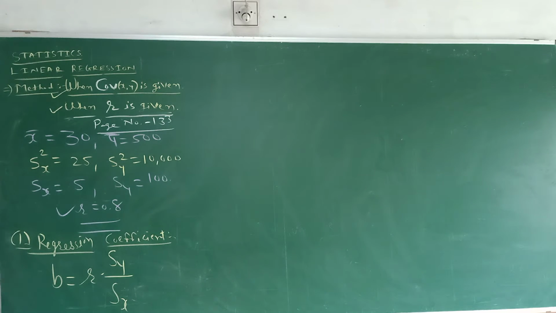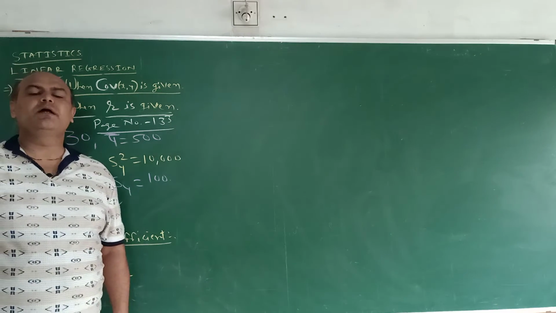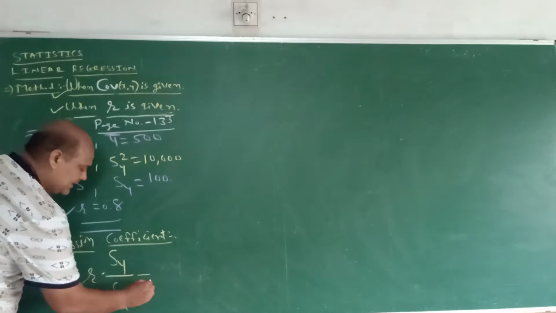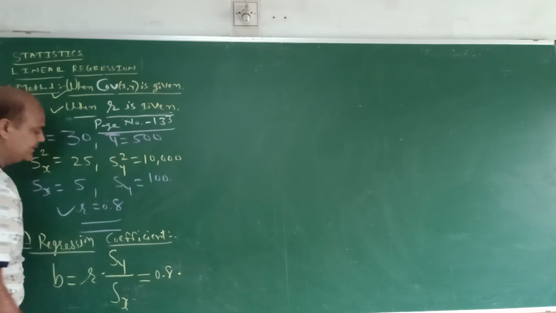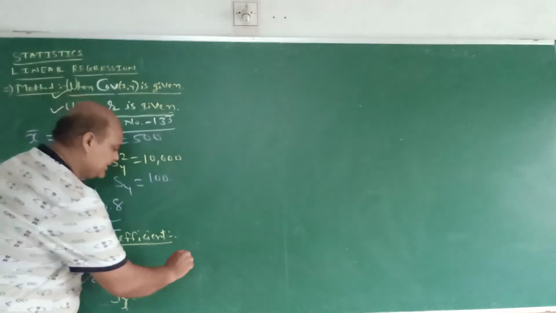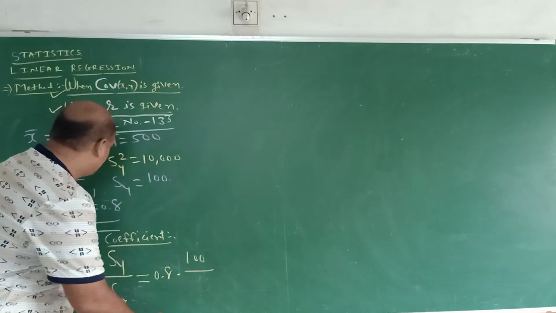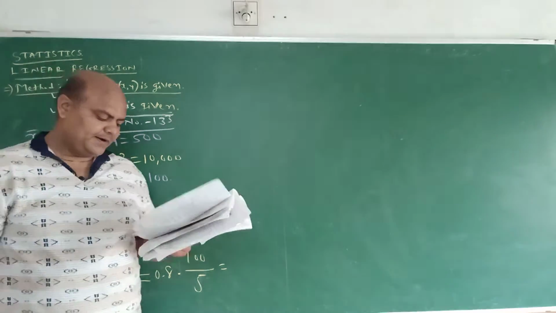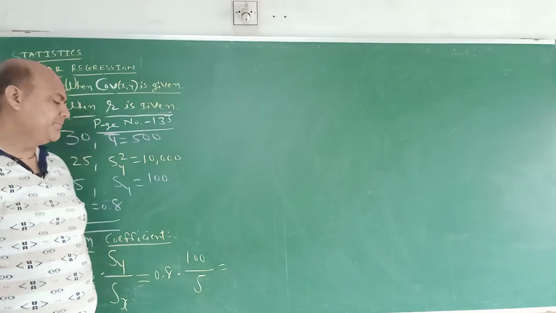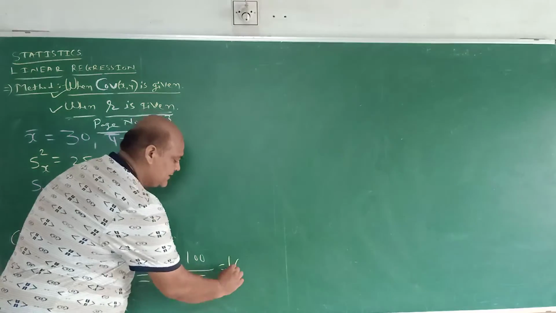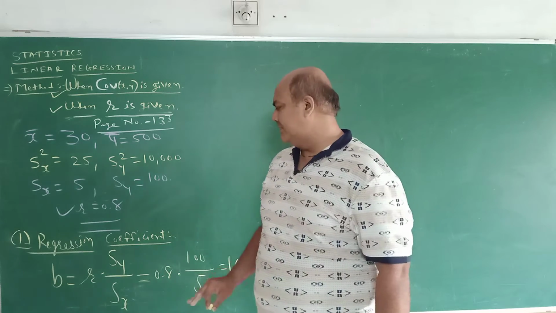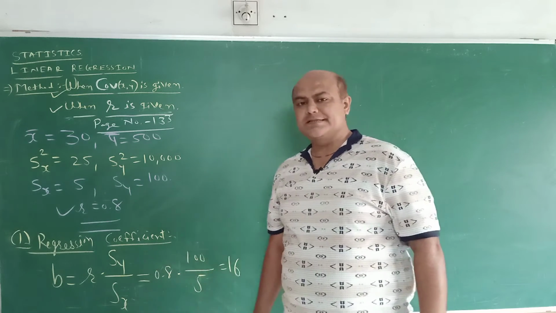Whenever correlation coefficient R is provided, B is R into Sy upon Sx. Here R is 0.8 into Sy is 100 upon Sx is 5. So 0.8 into 100 divided by 5, the final answer is 16. First step, regression coefficient, is clear.